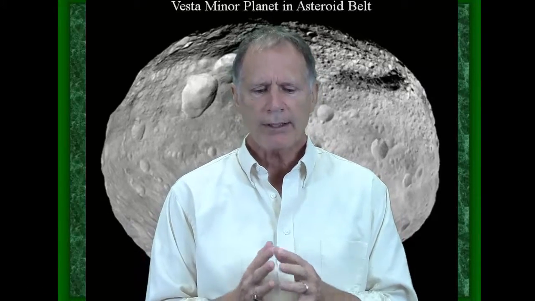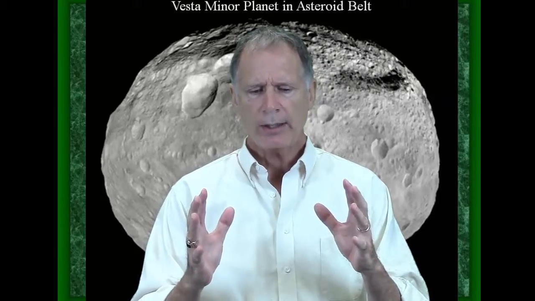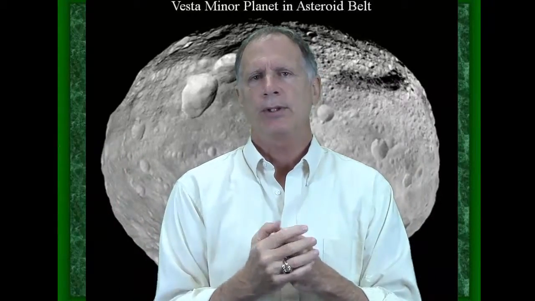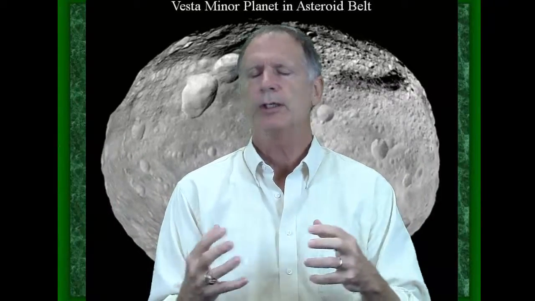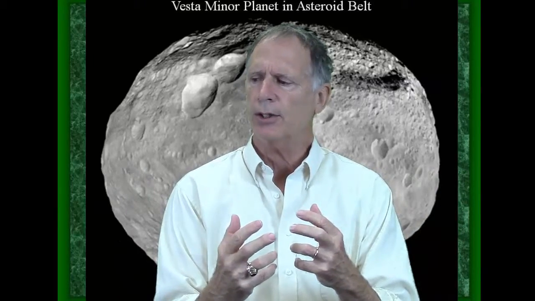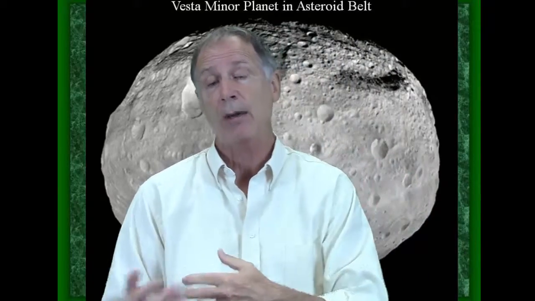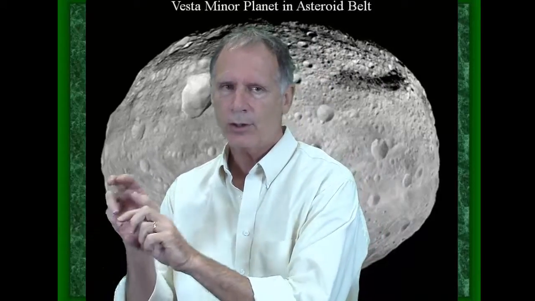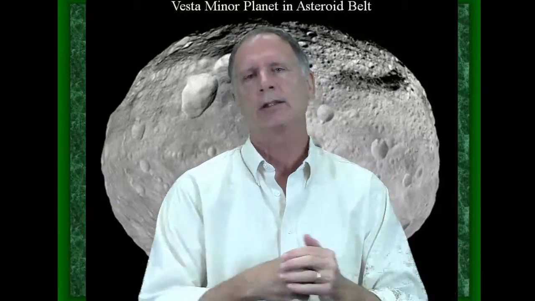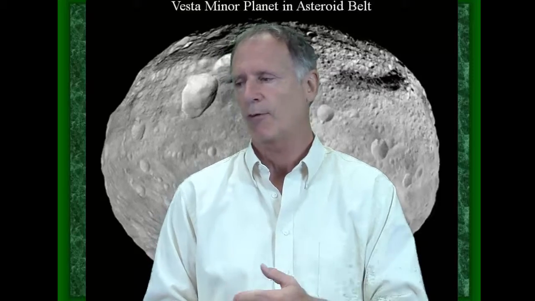Things like Vesta differentiate because when Vesta started getting bigger and bigger by bringing in smaller material in the asteroid belt to it, the gravitational energy was converted to heat energy, and we also had a lot of isotopes that aren't around today that were decaying back then because we had them formed in a supernova, and we'll talk more about that when we discuss the solar system formation.